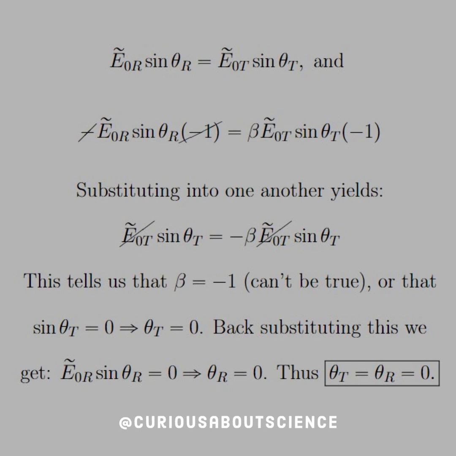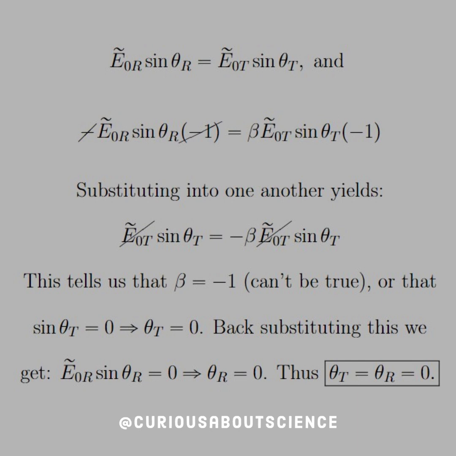This can't be true. If that's the case, then sine theta t has to equal 0, which only happens at theta t equals 0. It could happen in other spots, but we're looking at the primary or principal root.